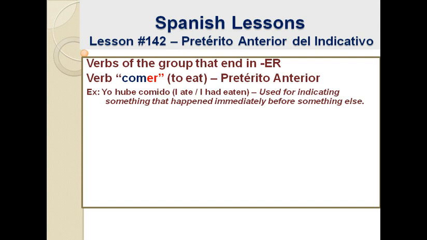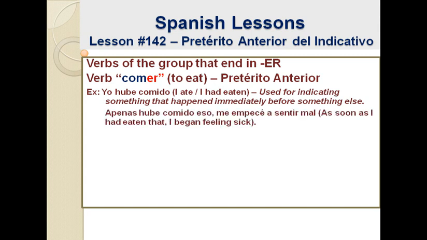It's used for indicating something that happened immediately before something else. Apenas hube comido eso, me empecé a sentir mal. This means, as soon as I had eaten that, I began feeling sick.